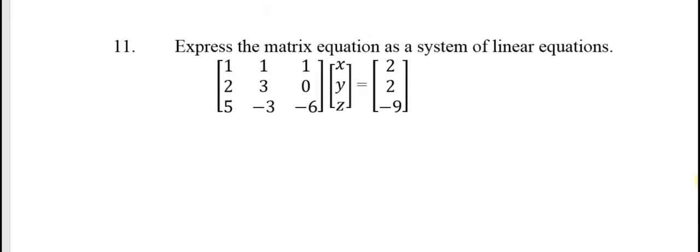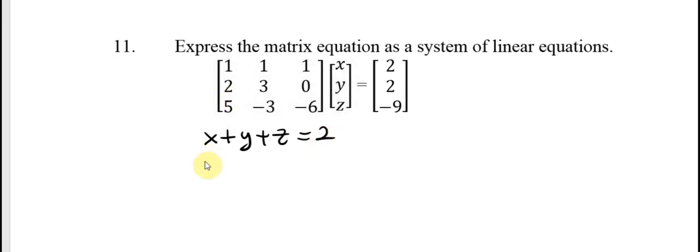Express the matrix equation as a system of linear equations. Just the reverse of what you just did. So this is just 1 times x plus 1 times y. Note the inner product. 1 times x plus 1 times y plus 1 times z. That gives us first row x plus y plus z is equal to 2.